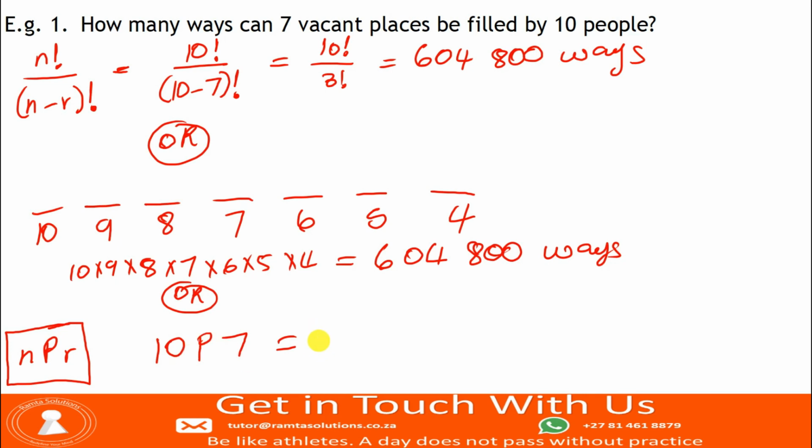So your calculator still returns 604,800 ways. This one here is not really prescribed, but it's a good thing to know. Your calculator will always give you this. The P is for permutations.